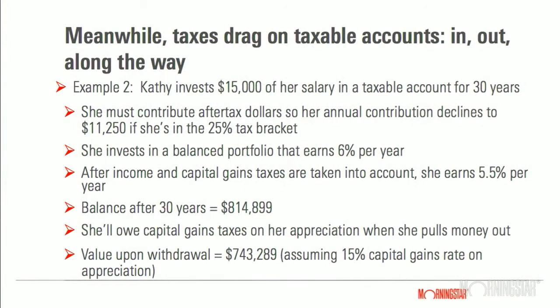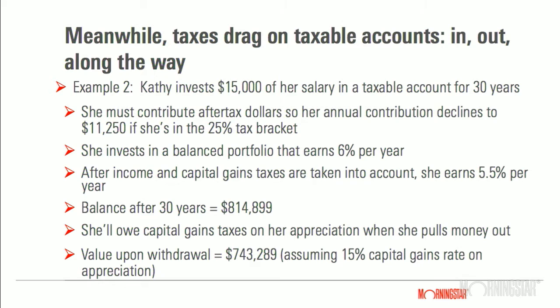compounding. So let's assume another investor, let's call her Kathy, goes a different route and forgoes the company retirement plan route and instead goes straight to a taxable account. So she too is saving $15,000 of her salary per year, but she takes a haircut on her contributions to that taxable account because she has no choice but to contribute after-tax dollars.